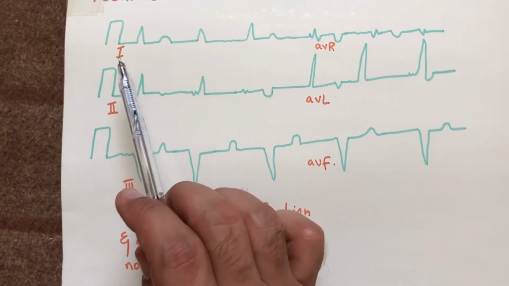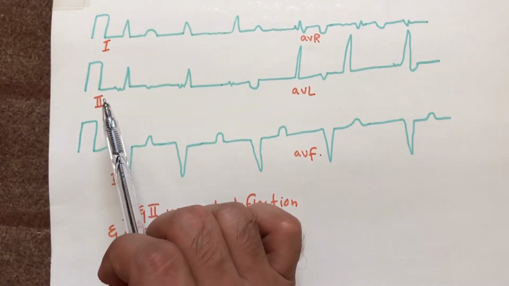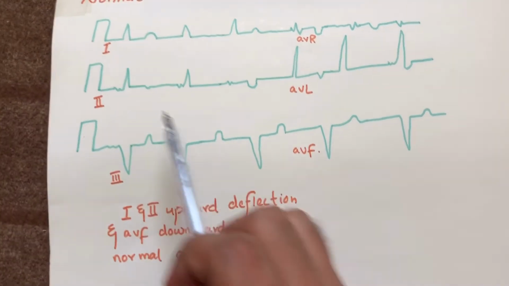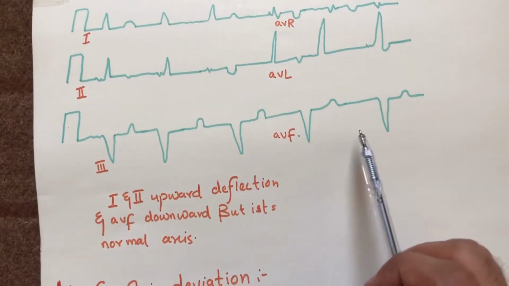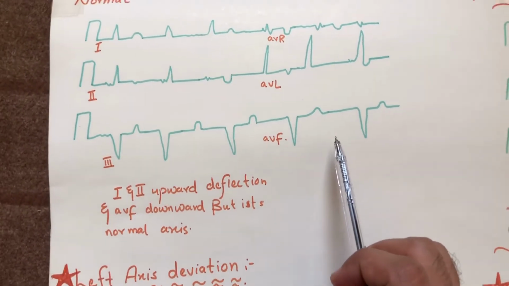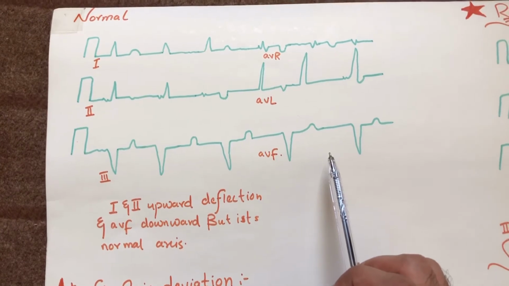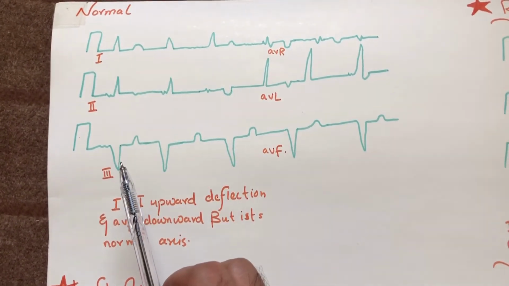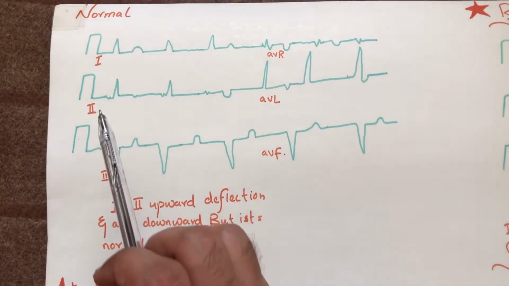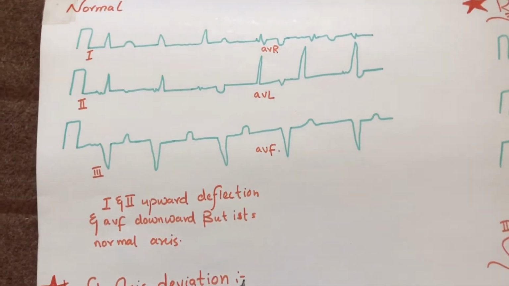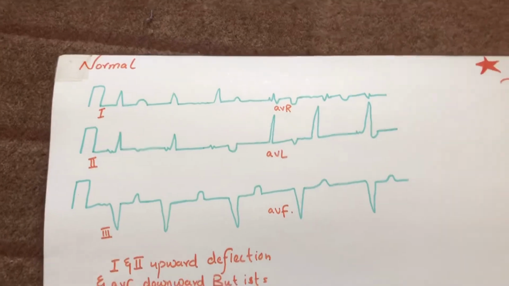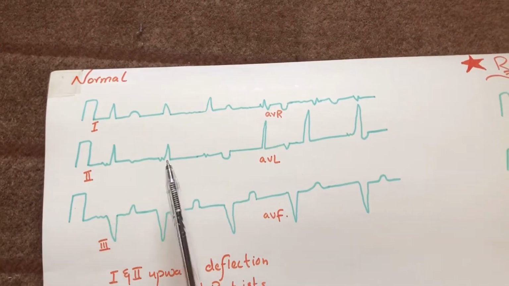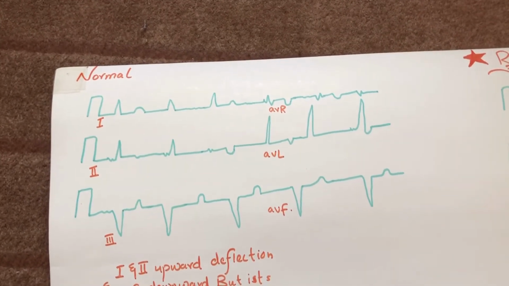When you see lead 1 and 2 with upward deflection and AVF with downward deflection, it still means a normal axis. We actually use lead number 2 whenever we are confused.